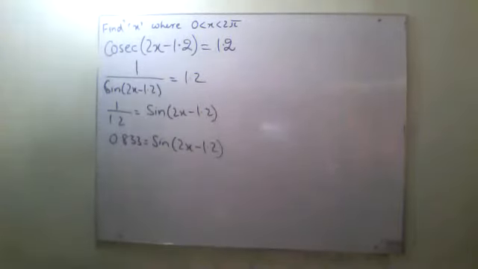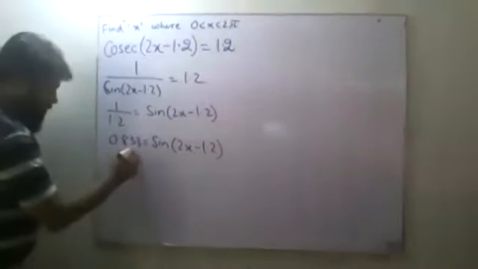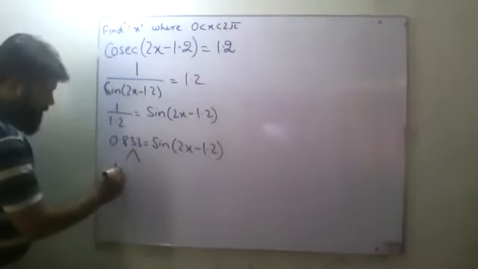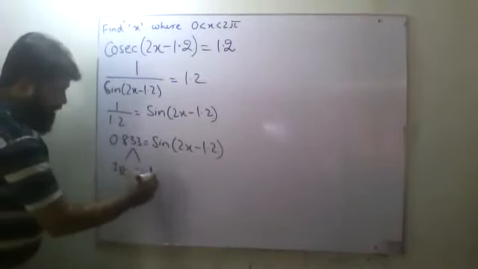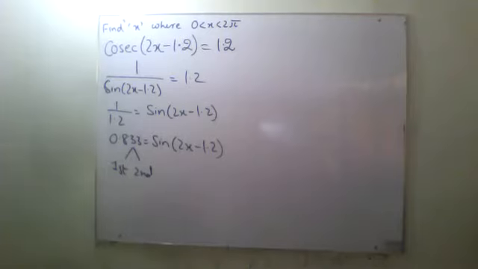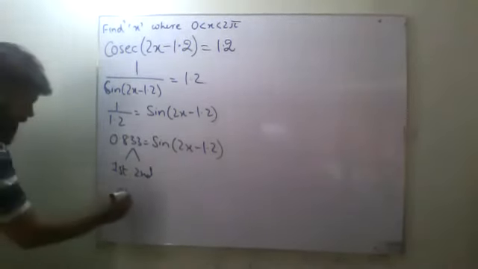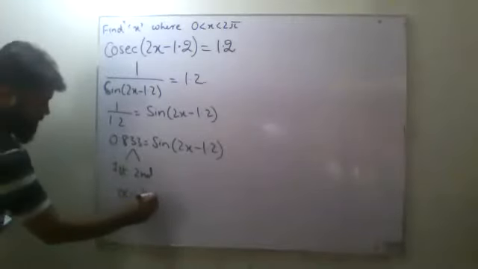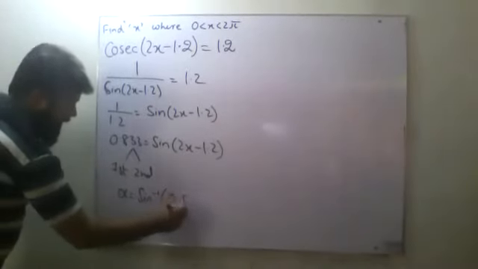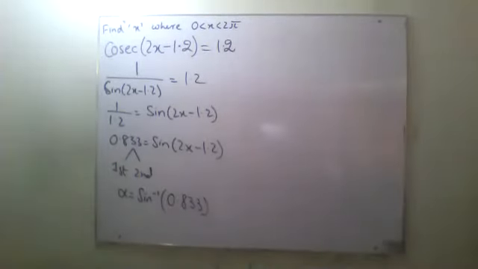Now, first and second quadrant. First of all, I take alpha equals sine inverse 0.833.